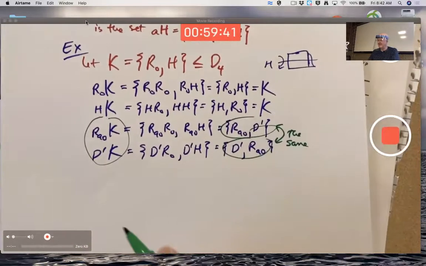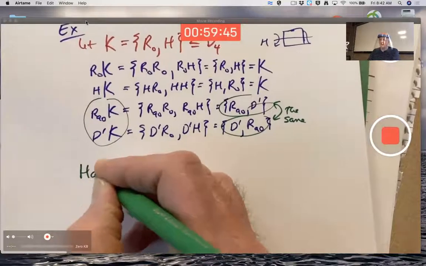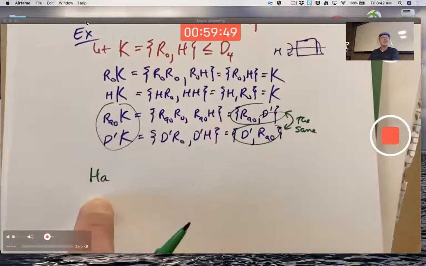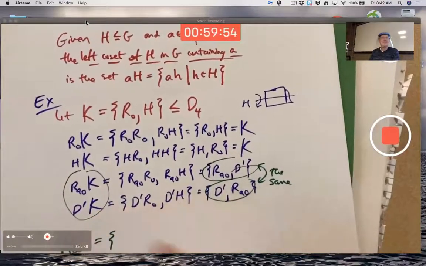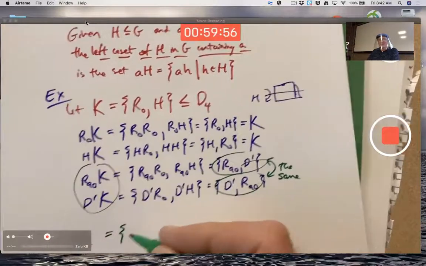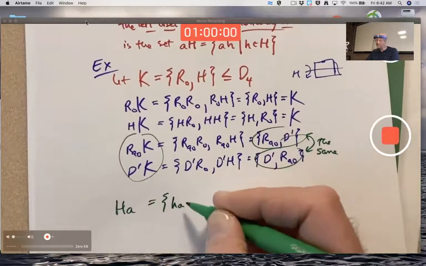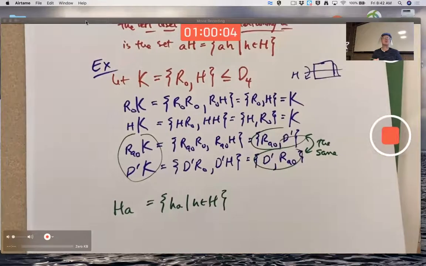Real quick, in 15 seconds, what's a right coset? It's Ha. Hey, Ah and Ha. Another joke, just full of it today. It's the set of all elements that can be written as ha, little h times A, as little h ranges over capital H. That's called a right coset.